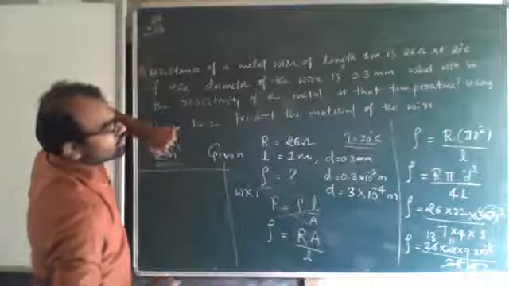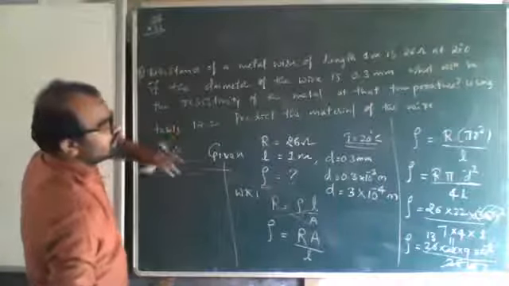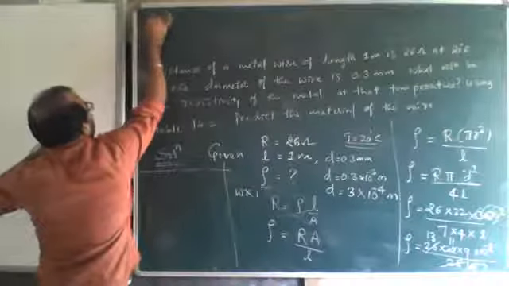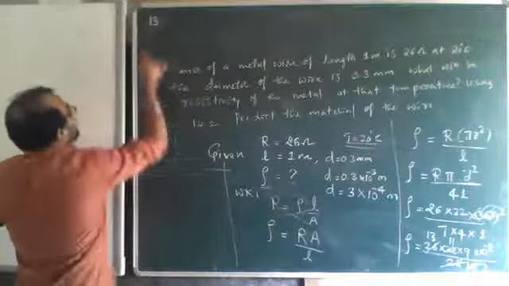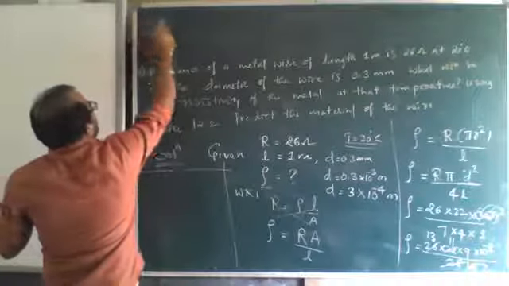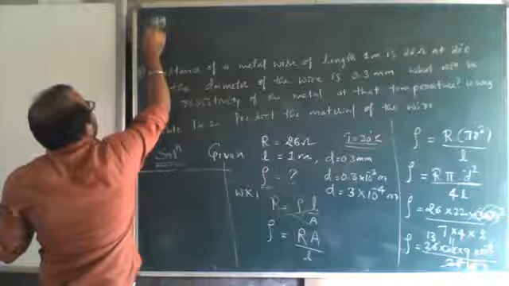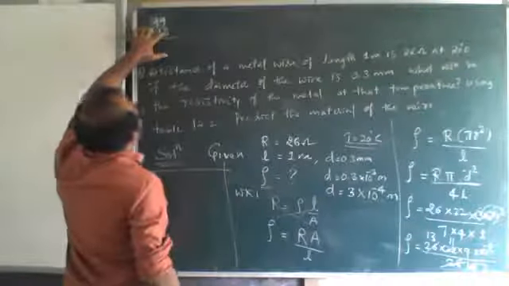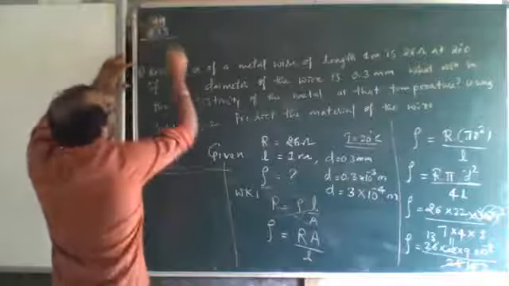Okay. 13 into 11 into 9. That is 13 into 99 it will become. So I will multiply 99 into 13, which will be easy. 13 nines are how much? 117.